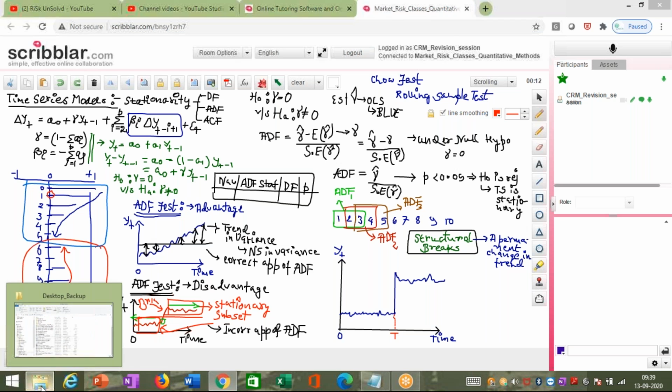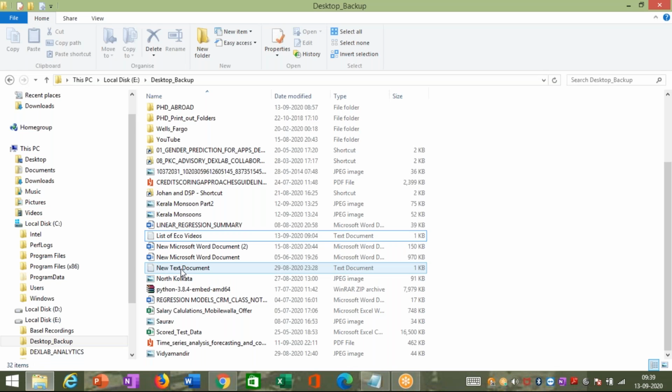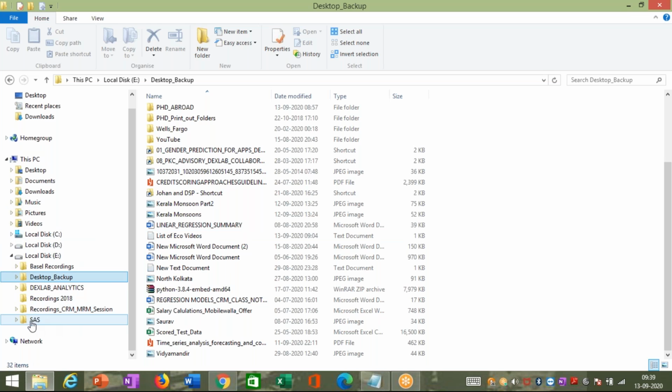So let us go back. Let's use a very simple Excel example first and try to understand the kind of challenges that this can pose. Okay.